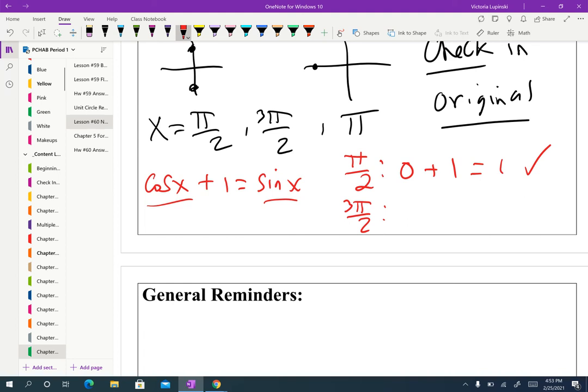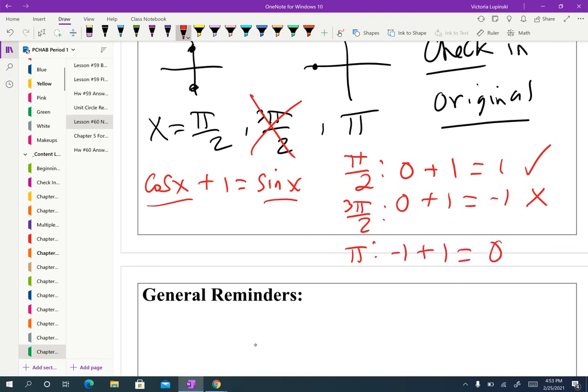So now for 3 pi over 2, the cosine of 3 pi over 2 is in fact 0 plus 1. Does that equal the sine of 3 pi over 2? And the sine of 3 pi over 2 is actually -1. So that's a lie, which means 3 pi over 2 has to be rejected. And then finally for pi, the cosine of pi is -1 plus 1.